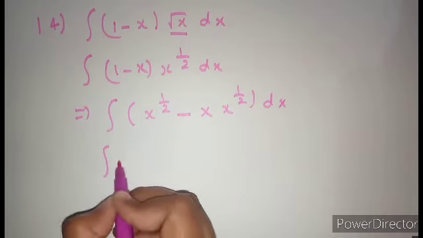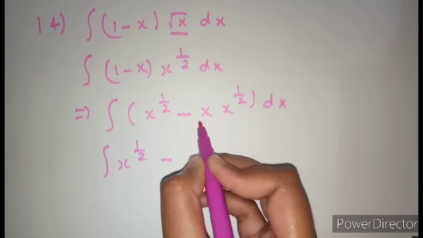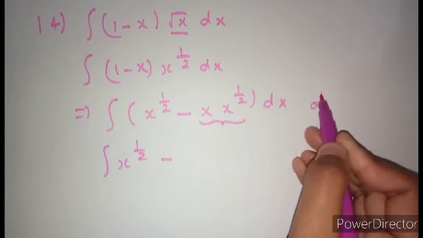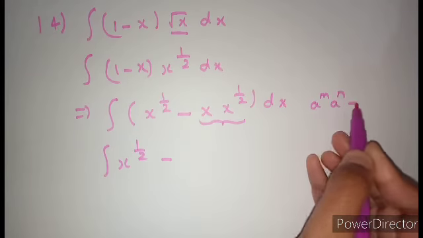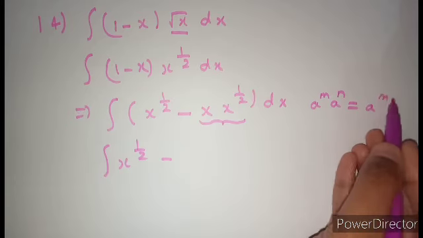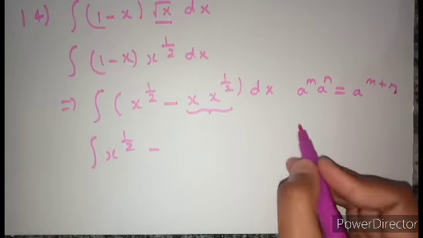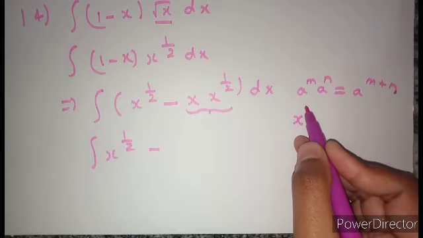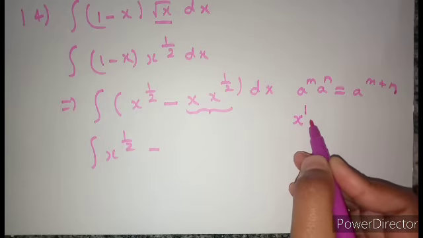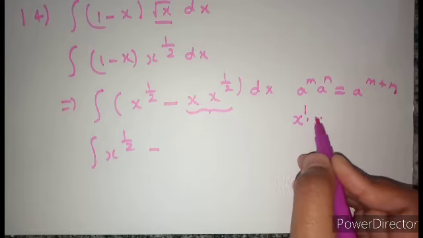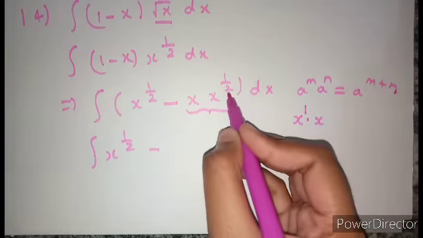Integral of x into x to the power of 1 by 2. See, this looks like a to the power of m into a to the power of n is equal to a to the power of m plus n. Okay, so in place of a we have x, right? So x to the power of 1 into x to the power of 1 by 2.